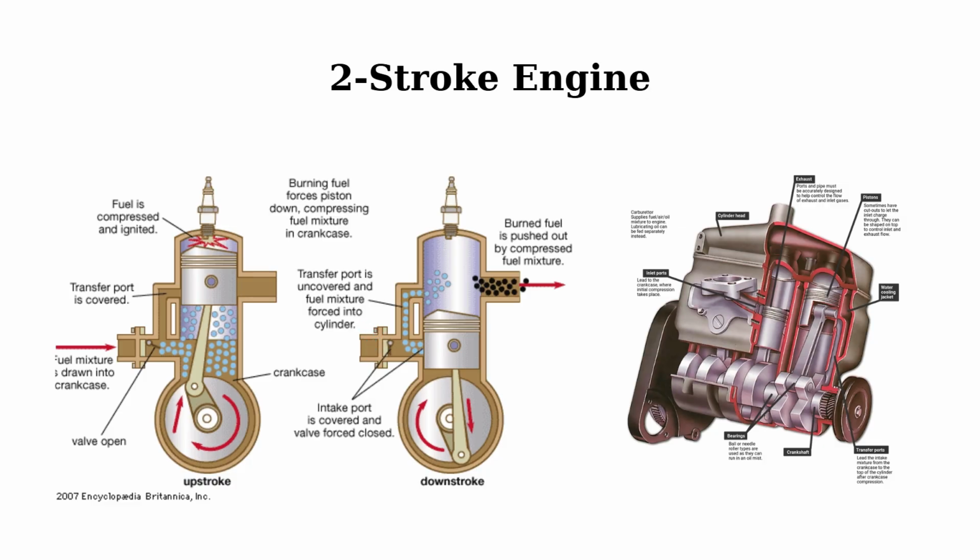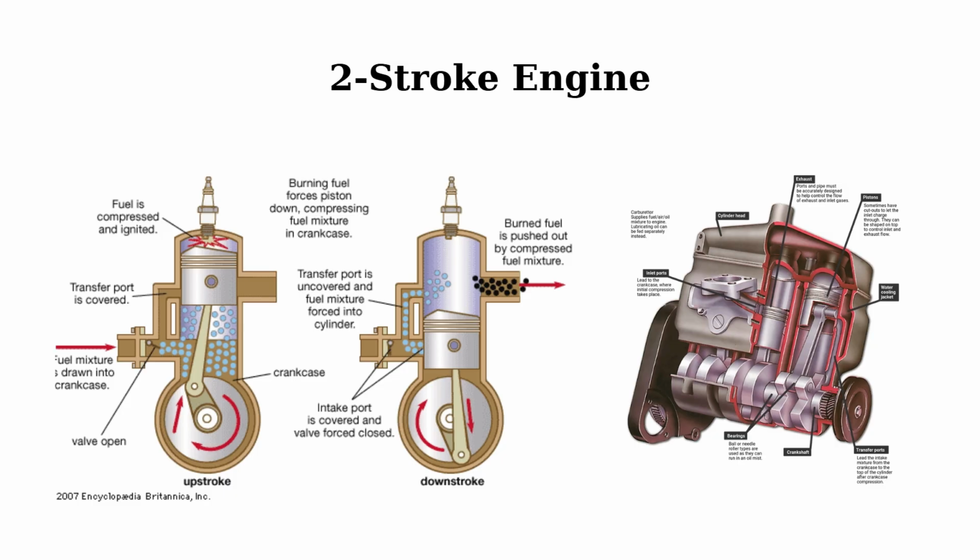Because of its simple structure, it is usually smaller and lighter than a four-stroke engine. And third, it produces more power. Since it produces power every cycle, it can deliver higher power compared to its size.